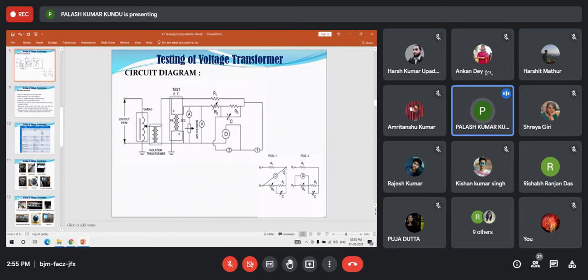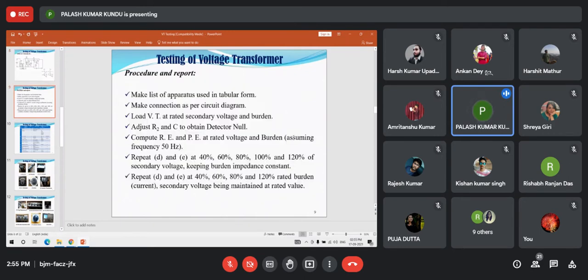And when the out-of-null voltage is higher, it will be easier to adjust the C and R2 so that we get almost zero potential difference across these two terminals. So that's why position 2 and position 1 give different null sensitivity for the experiment.